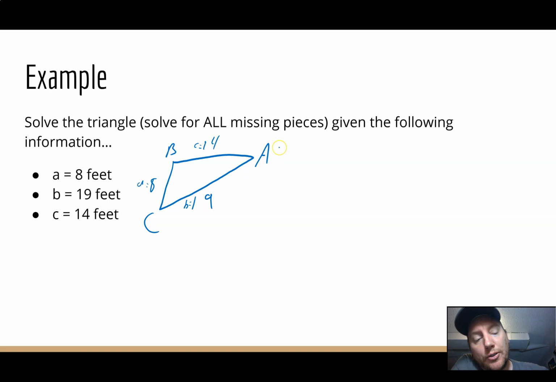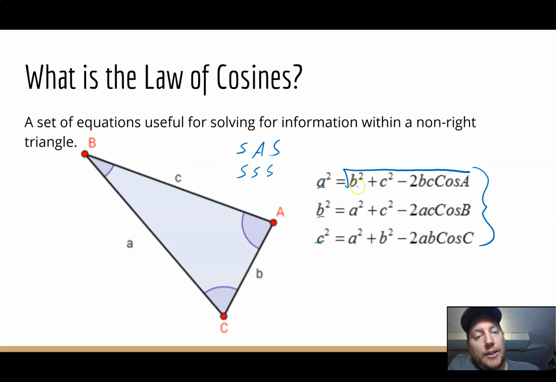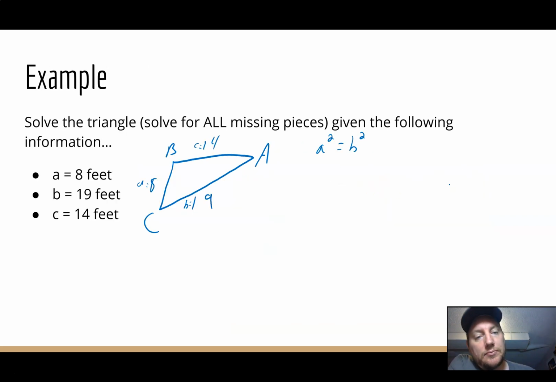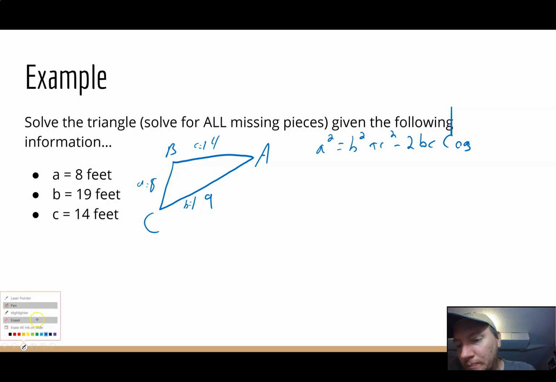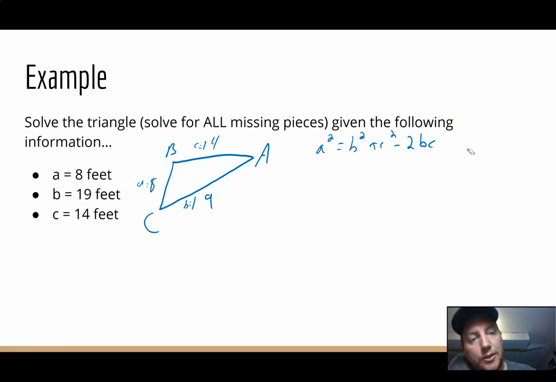If I'm solving for big A, I'm going to use the equation that has big A. So a squared equals b squared plus c squared minus 2bc cosine A. Oops, not C, A. Hold on, let me erase that and try again.